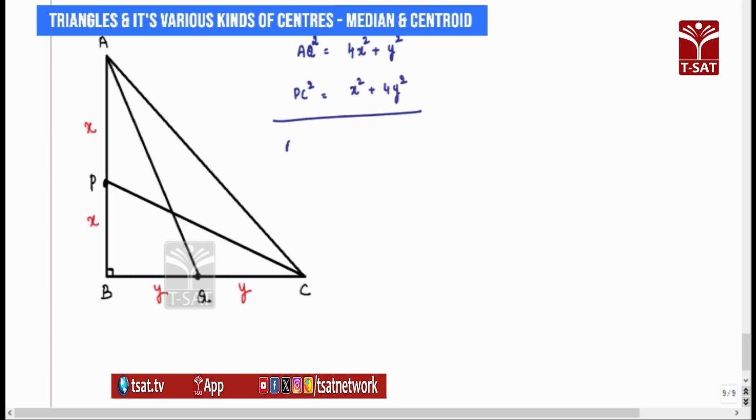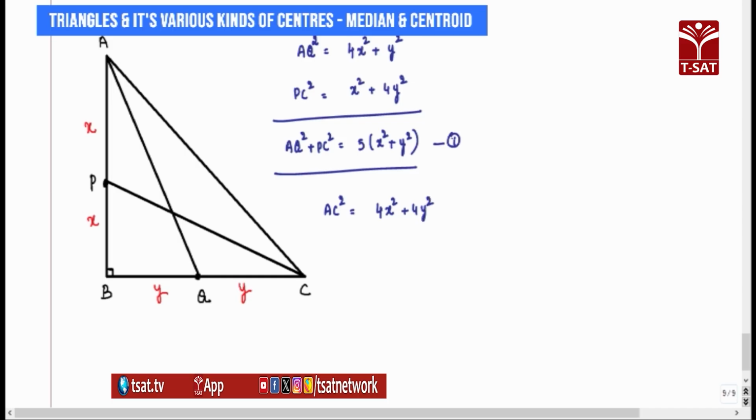Add both of them. AQ square plus PC square is equal to 5 into (x square plus y square). If you take AC square, hypotenuse square is equal to side square plus side square, that is 2x whole square plus 2y whole square, 4x square plus 4y square.